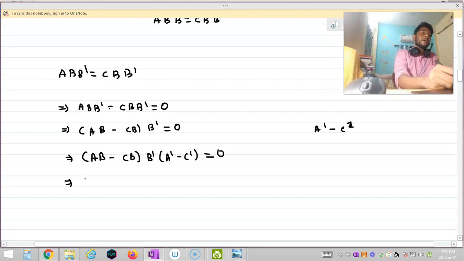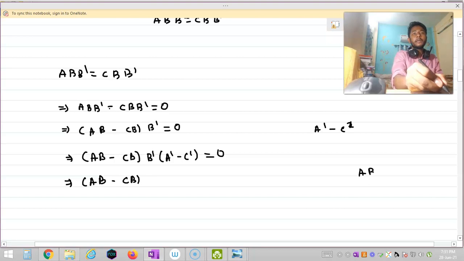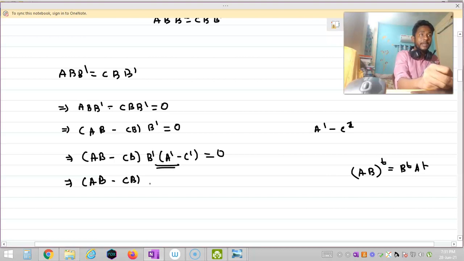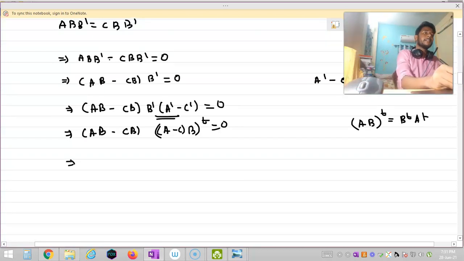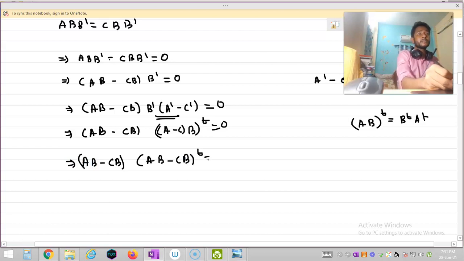I know that (AB) transpose is equal to B transpose A transpose, so I can write it as (A minus C) into B, whole transpose, is equal to 0. Hence I can say that (AB minus CB) into (AB minus CB) transpose is equal to 0.